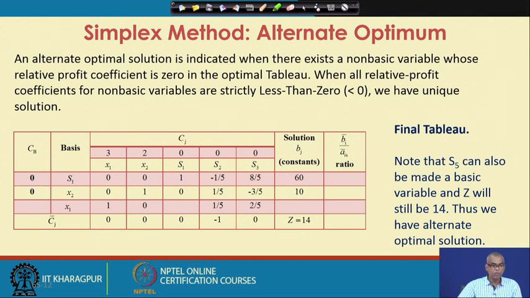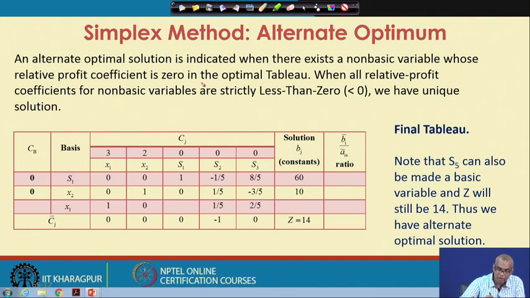When all relative profit coefficients for non-basic variables are strictly less than 0, we have a unique optimal solution. But an alternate optimal solution is indicated when there exists a non-basic variable whose relative profit coefficient is 0 in the final optimal tableau. That is important when we are talking about the final optimal tableau.